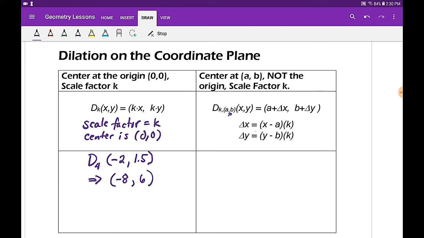The formulas for delta x and delta y are over there. It's easy if you have this rule written down, so you can pull it out and use it when the center is not the origin, because though it looks complicated, it is really not.